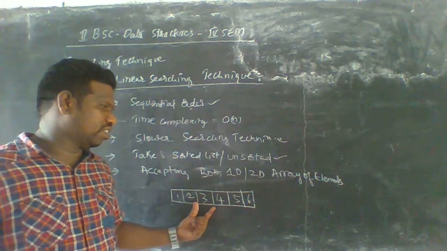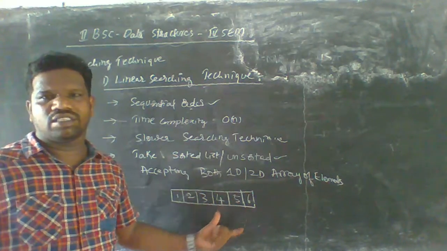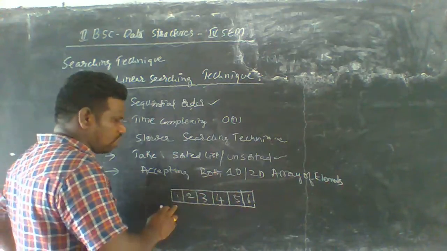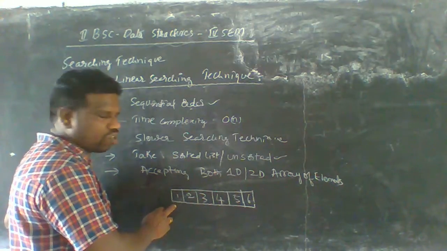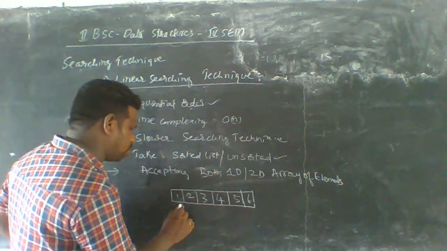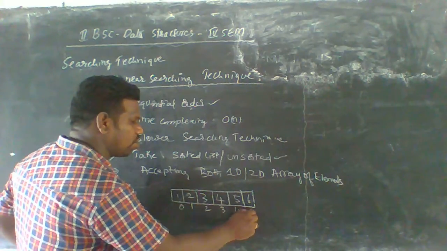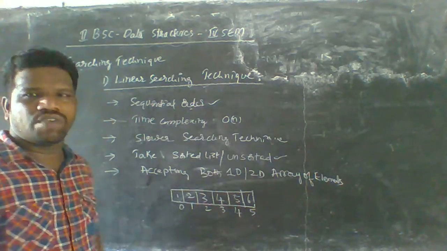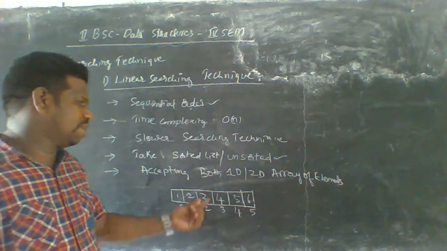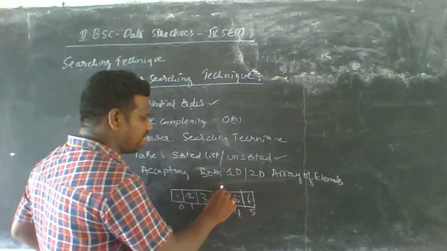We have arranged six elements in this one dimensional array, and the array index starts from 0, 1, 2, 3, 4, 5. If you want to find the given element 4, our needed element will be 4.